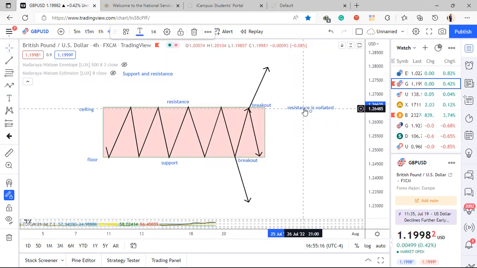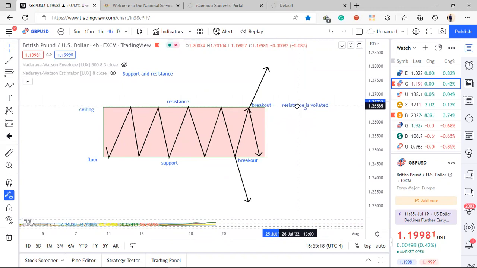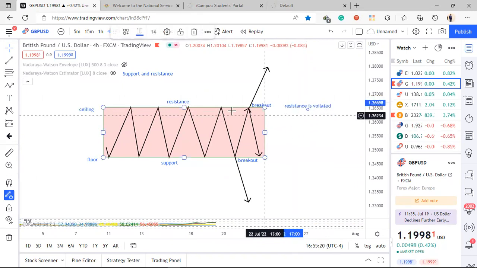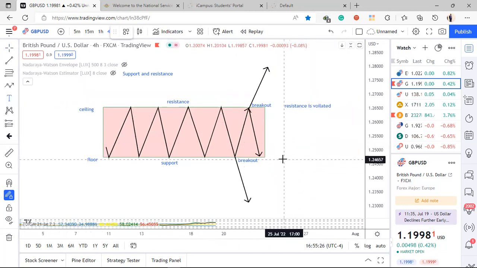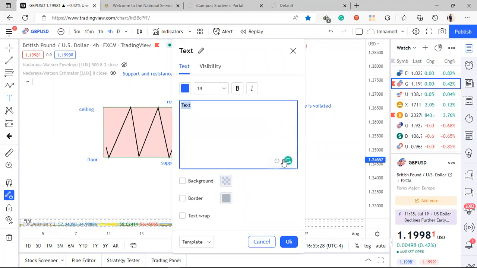So anytime there's a breakout at the resistance level, this resistance becomes what? Violated. Whenever there is a breakout at the support level, it means this support becomes violated.